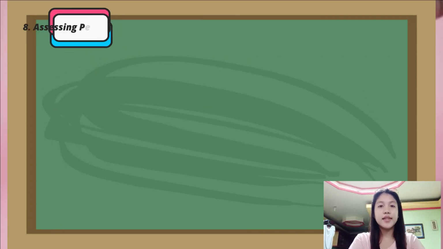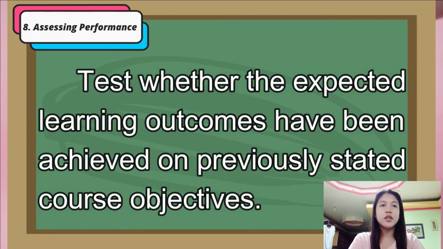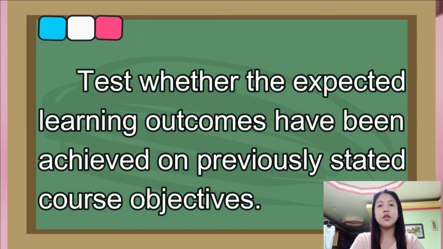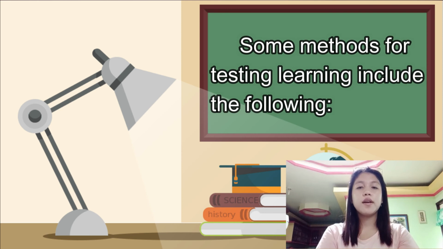Number 8. Assessing performance. Test whether the expected learning outcomes have been achieved on previously stated course objectives. Some methods for testing learning include the following.